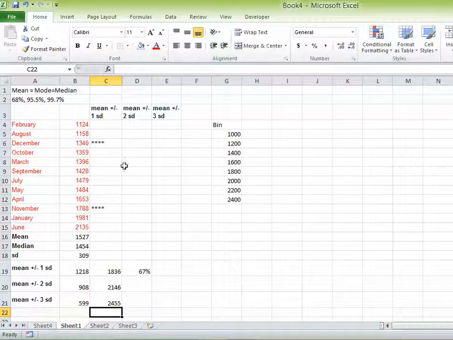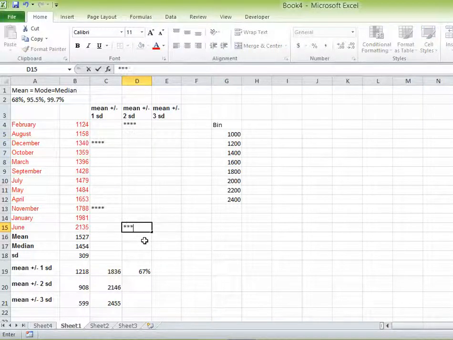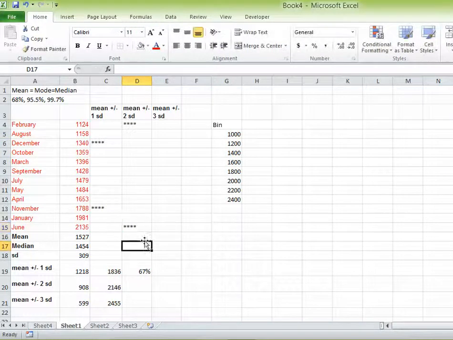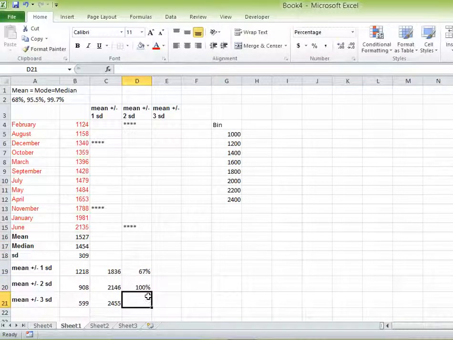All right, let's try the mean plus 2 standard deviations. Well, let's see. We got to go from 908 to 2146. Oh boy, 908 covers the very lowest value. And 2146, well, that's beyond the largest value. So what have we learned? We didn't cover 95.5% of the values. We covered 100% of the values.